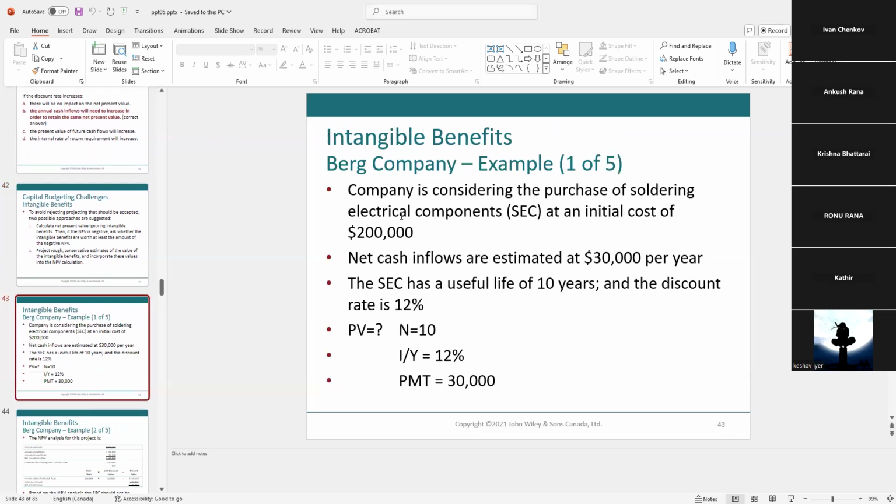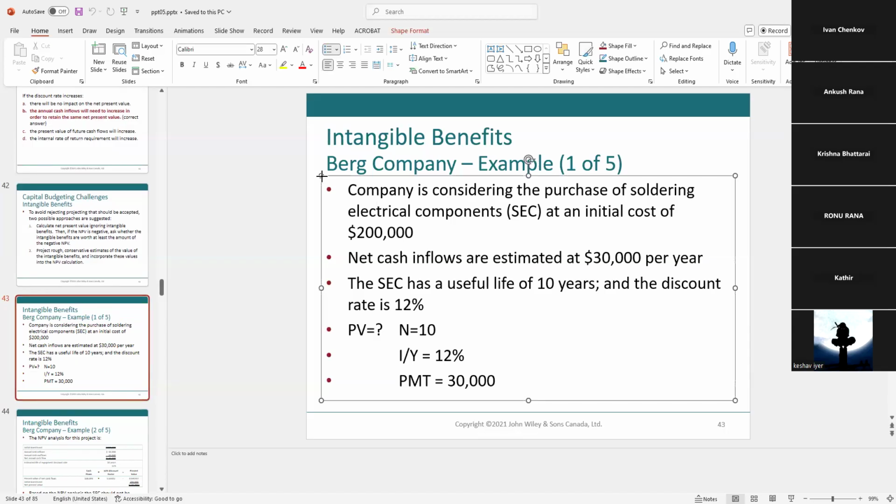So the example is a company considering purchasing a machine for soldering electrical components. Initial cost is $200,000. Net cash inflow is estimated at 30,000 per year. Useful life is 10 years. Discount rate is 12%. So what are we going to do here?